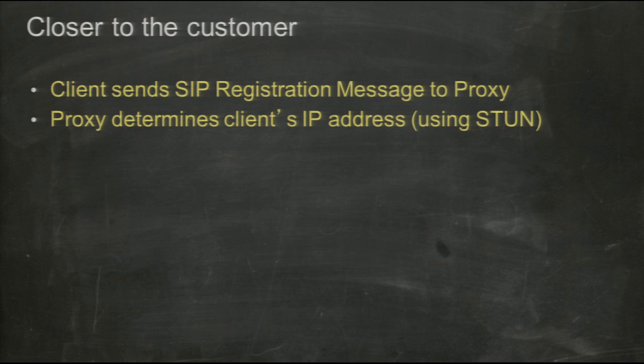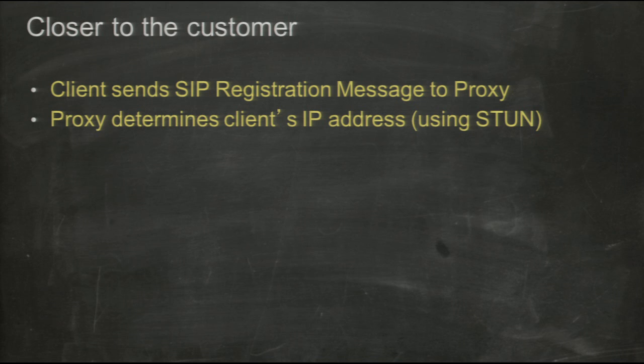In some cases, we need to use the STUN protocol. STUN is the ability for the client to go to some kind of a mirror and ask the server, how do I look to you?